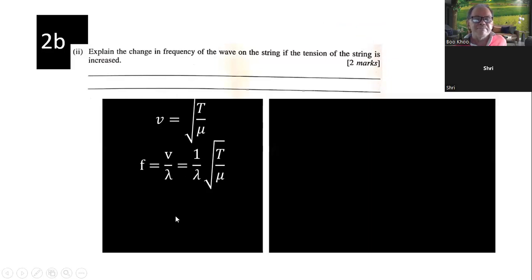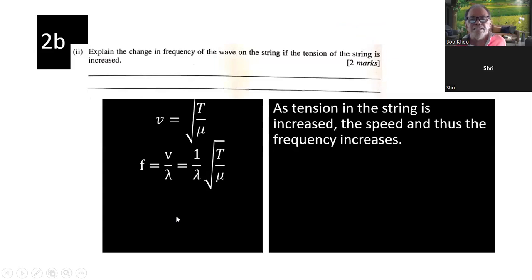Lambda 1 is the fundamental and is constant, so the frequency must increase. That's the reasoning. So as the tension in the string is increased, the speed and thus the frequency increases.